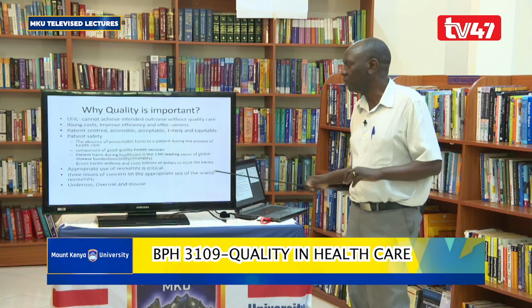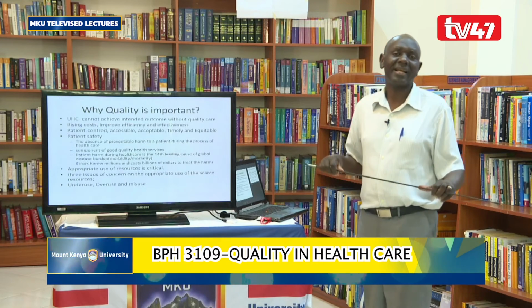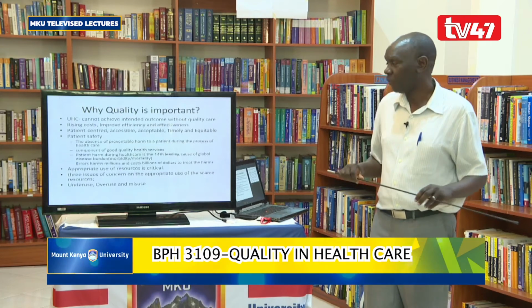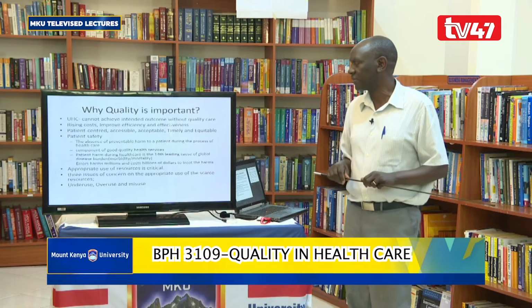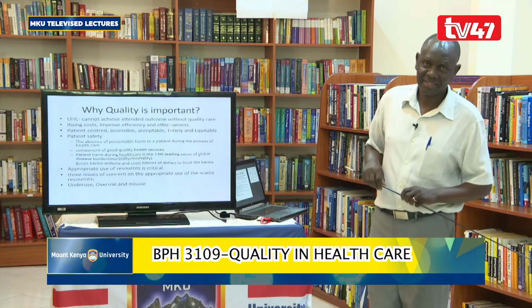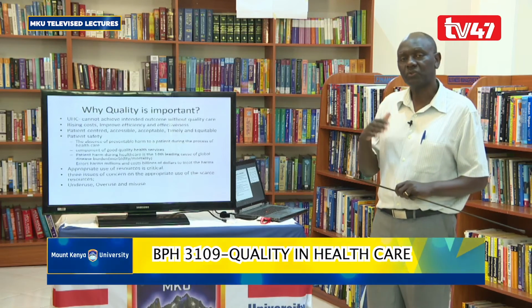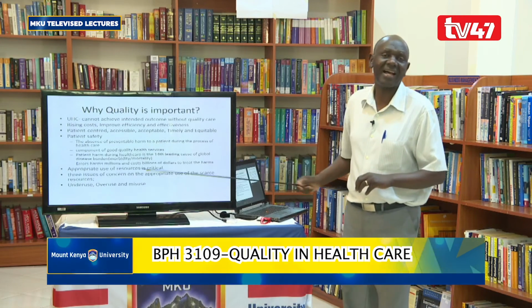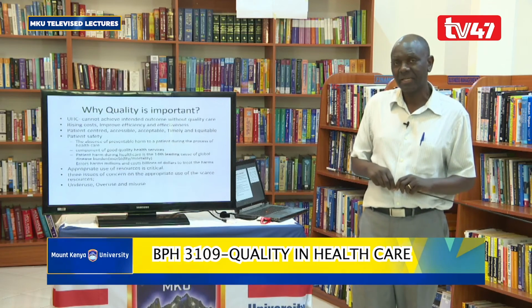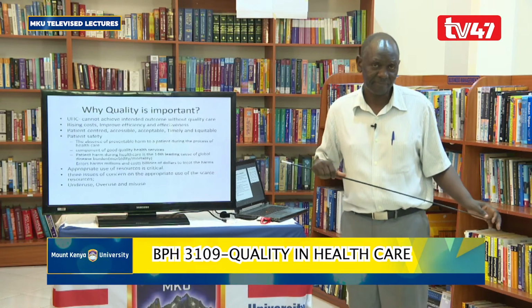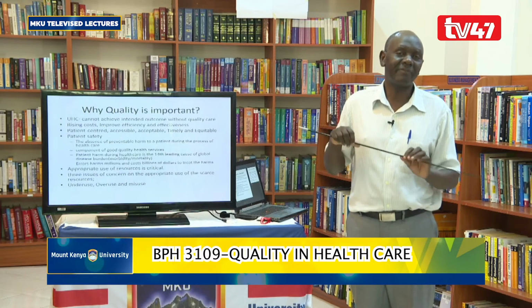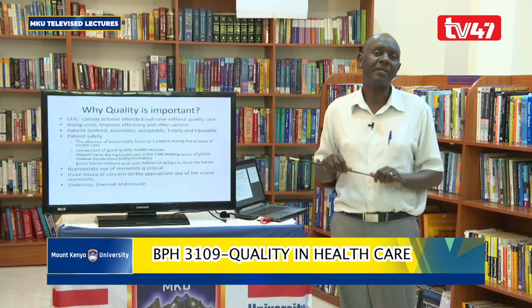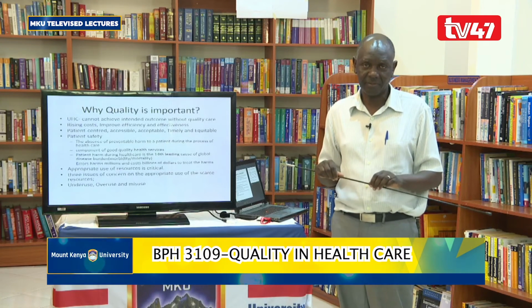We also want to make sure that our resources are appropriately used. When we talk about appropriate use of resources, we have 3 terms that we need to bear in mind: underuse, overuse, and misuse of resources. Underuse means that we are not providing the services the patient needs at the time they require that service.